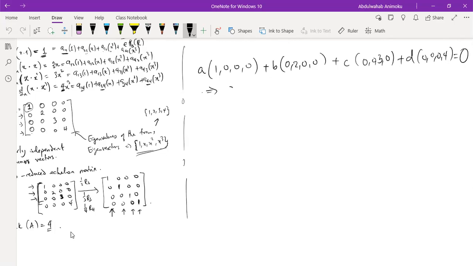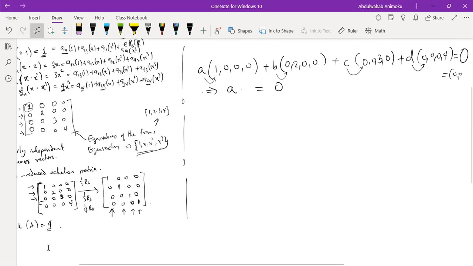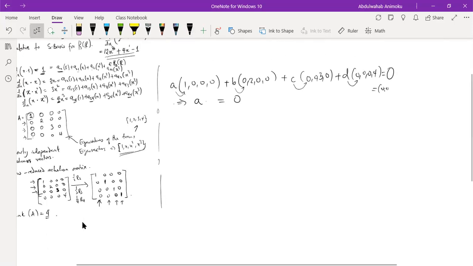So when we do this, we check the first component: A times 1 plus B times 0 plus C times 0 plus D times 0. That will just give us A, and that must be equal to 0. Remember, on the right-hand side, we have the 0 vector.